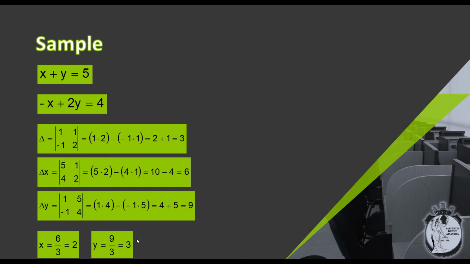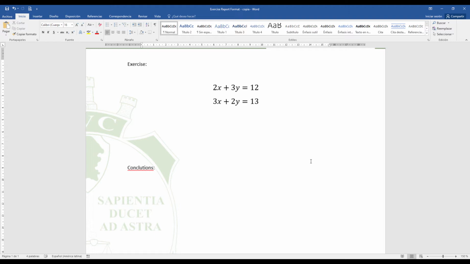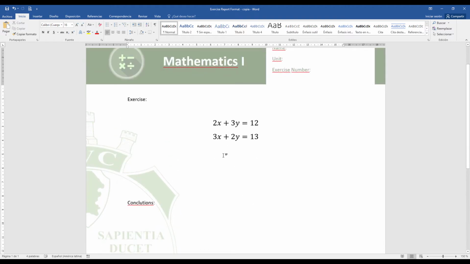Now we will see a sample in Word of how you solve it. Now we are in Word. This is the sample of how you solve it. I will copy that to use the same format.